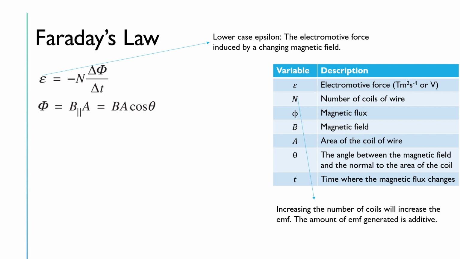In general, though, we can write the Faraday's law formula to include some of those variables. However, because one of these variables is generally changing at a time in order to get the magnetic flux to change, we can rewrite this equation to make it a little bit simpler and more straightforward.